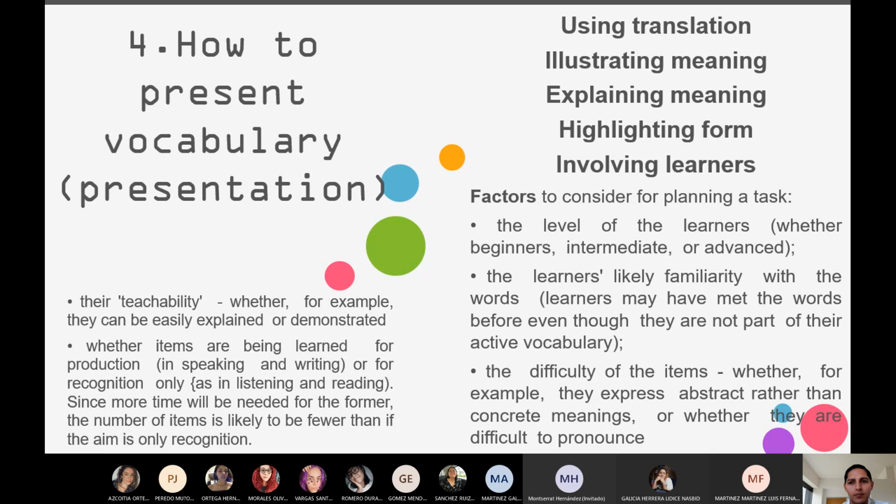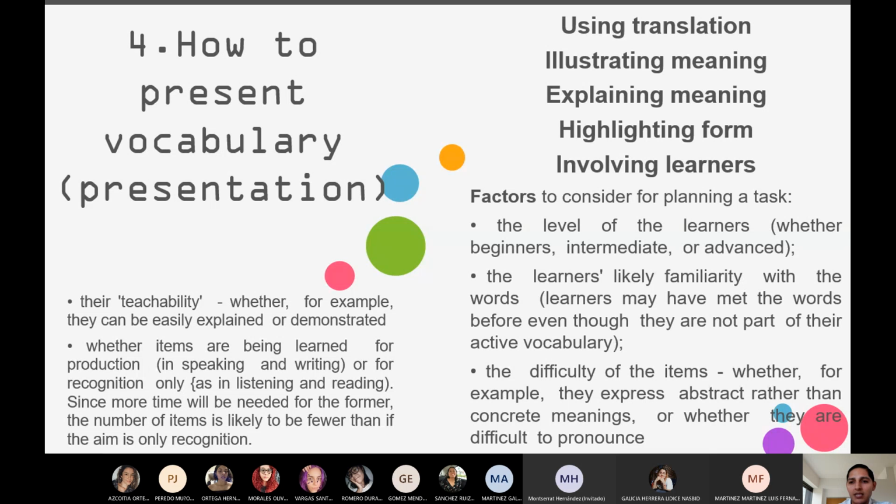Now, what do you need to consider for planning a task? The language level of the students: beginners, intermediate, advanced, upper intermediate, or elementary, etc. This is something you have already done in your previous task.